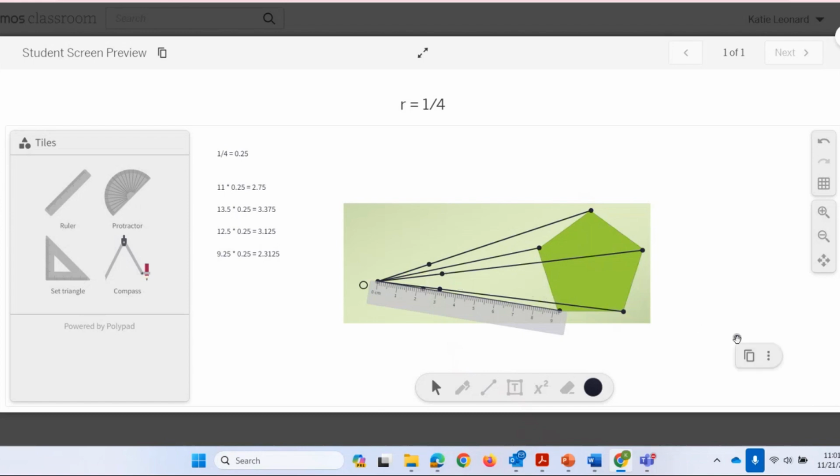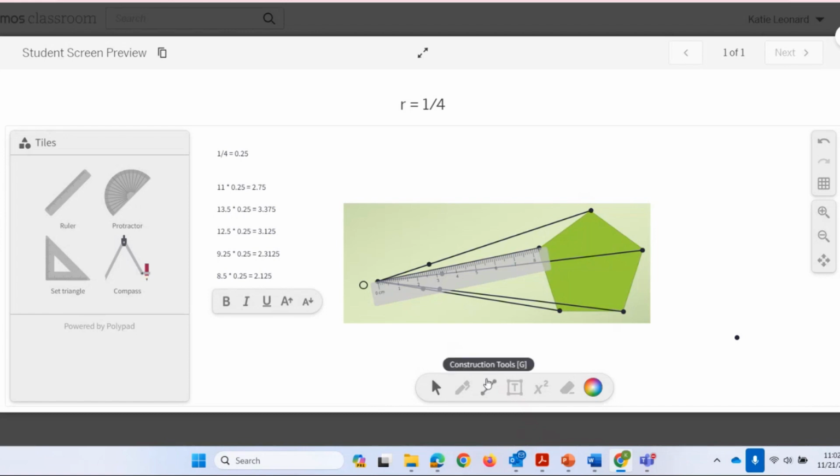Just move it over. And then I have my last line that I need to work on, which was this one all the way over here. And this line is about 8.5. When I do that, I get 2.125.